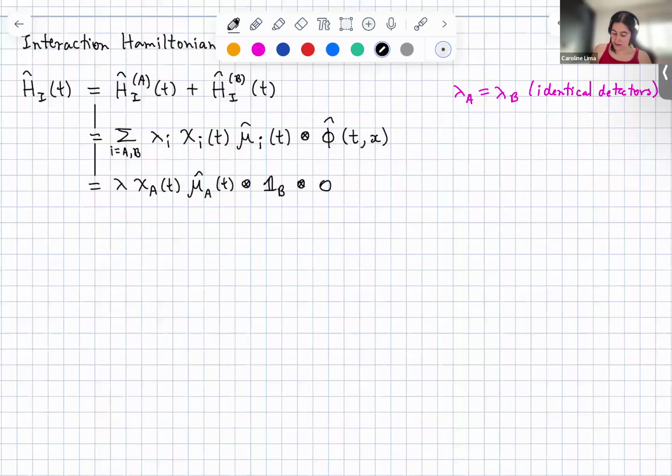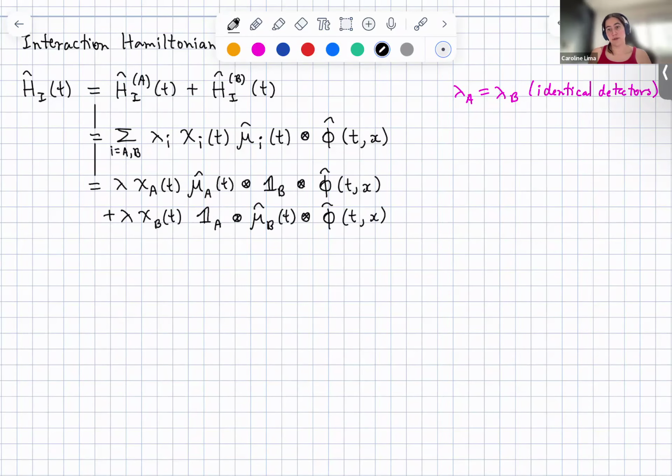And then there is this coupling with the field there. And then the same thing just for B. So I'll have the identity on A and then the monopole moment for B, and then the field operator. Okay, the field amplitude.